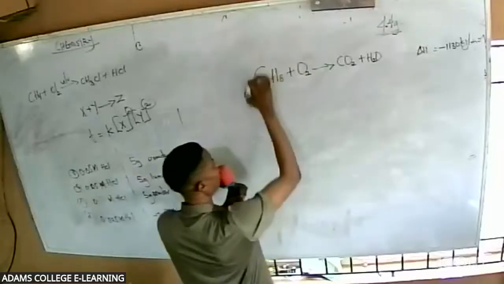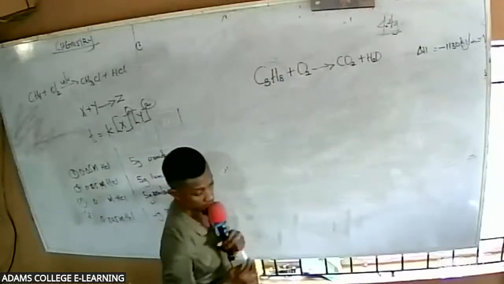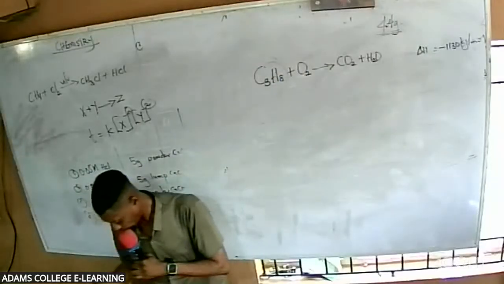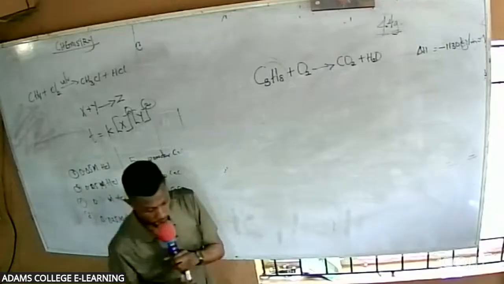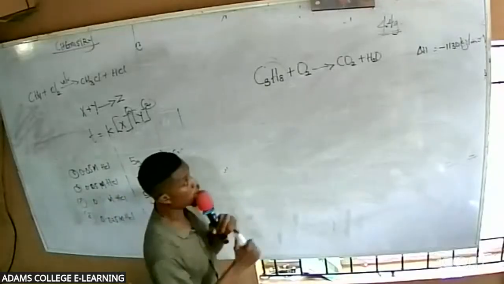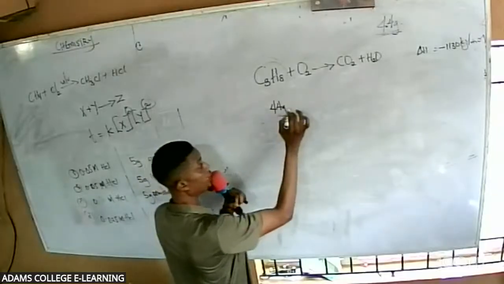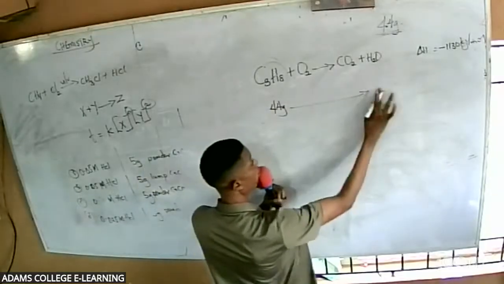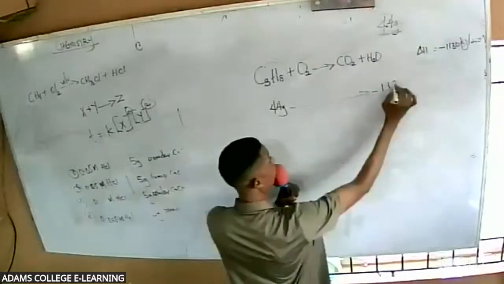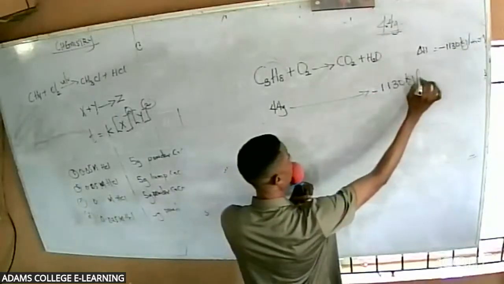So calculate the molar mass of this. The molar mass is 44, which means 44 gram of this liberates minus 1,130 kilojoules per mole.